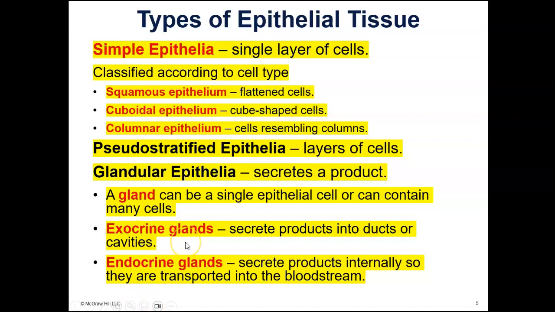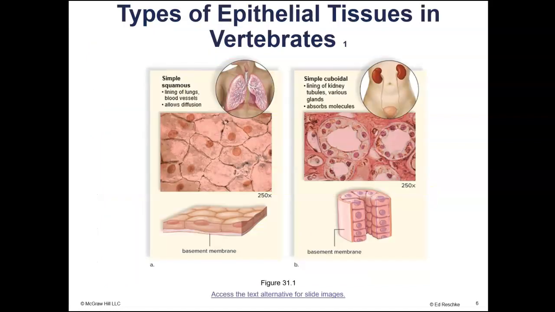If the product is secreted into a duct, in other words, not into the blood but onto a surface, we call it exocrine glands. And if it is secreted into the bloodstream, mostly endocrine glands secrete hormones into the bloodstream, whereas exocrine glands might secrete sweat, oil, or digestive enzymes onto the inner surface of your small intestine.